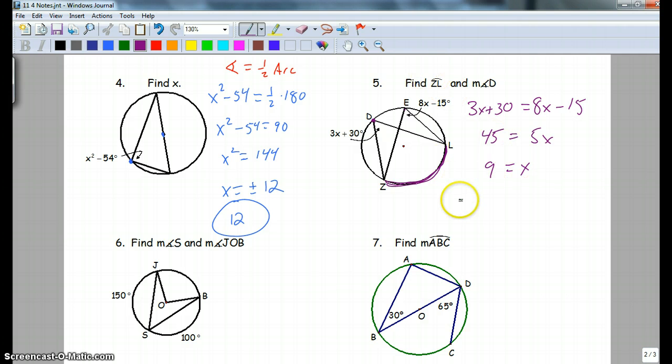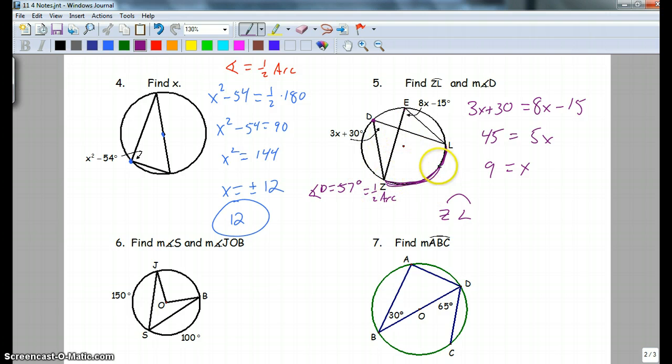However, they want us to find what ZL is. We're not really sure, but we do know since x is 9, this is 27 plus 30. Angle D is 57 degrees. The angle is 1/2 the arc.